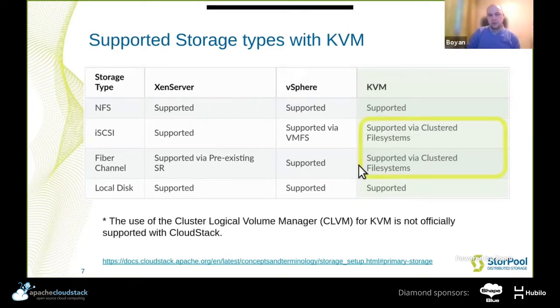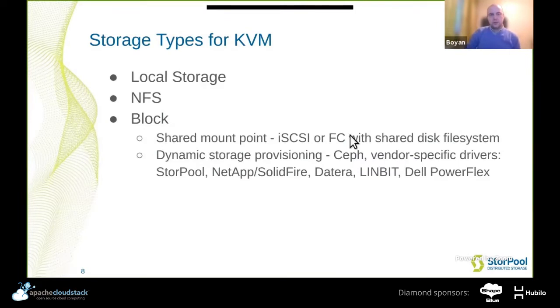For this reason, because it's not as well developed as in the other hypervisors, in the KVM ecosystem using iSCSI or fiber channel storage is not preferred. It is done in a different way, which I'll explain in a second. So these are the storage types.